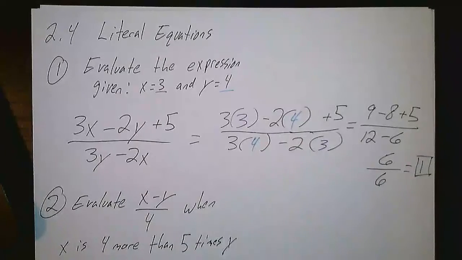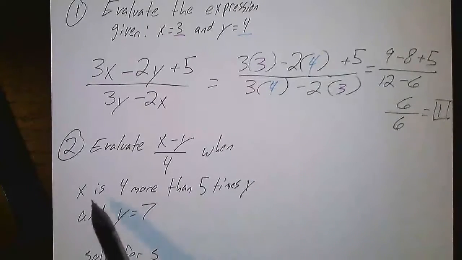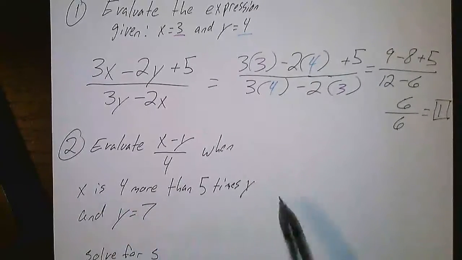So that's one kind of problem you might see. And here's another. We will evaluate x minus y over 4 when x is 4 more than 5 times y and y equals 7. So we are given a value for y, but we are not given a value for x, but x is described.